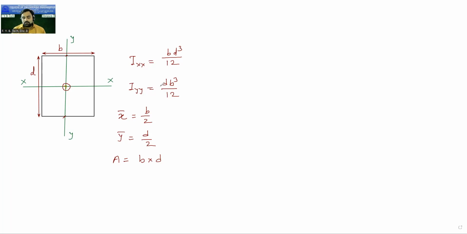So after rectangle we will take circle. The next diagram is circle. This circle has diameter d.